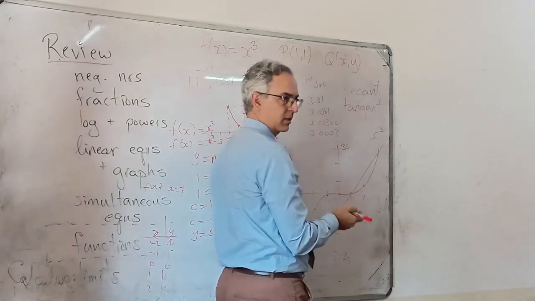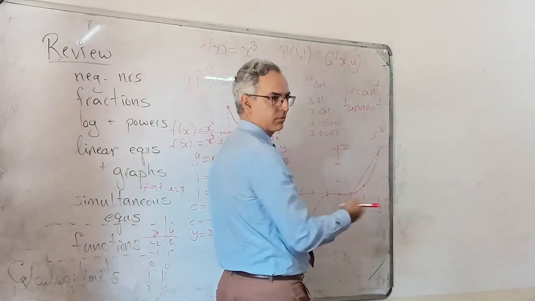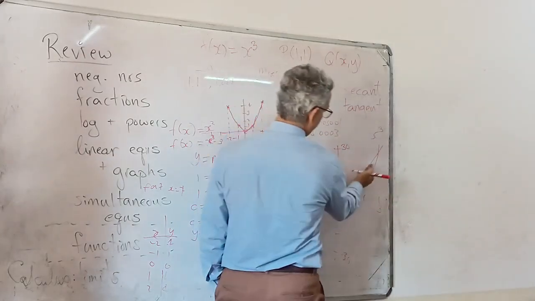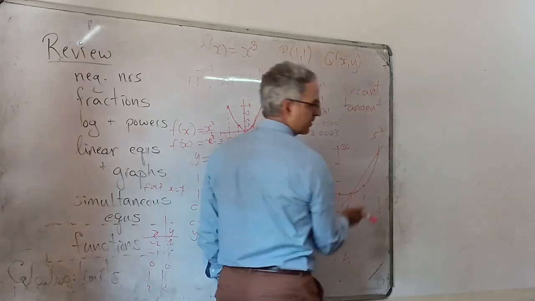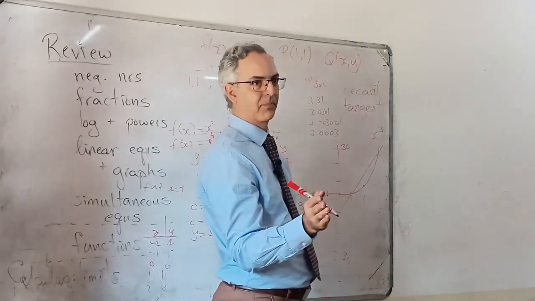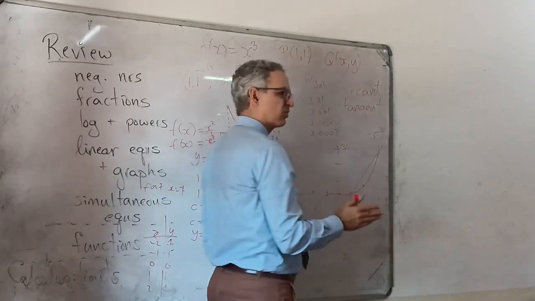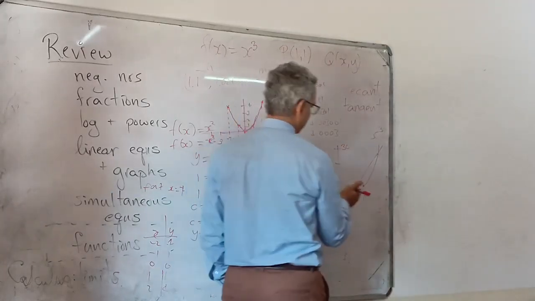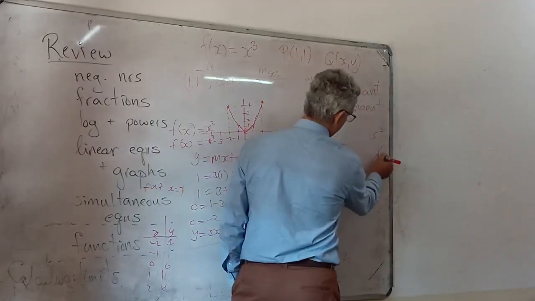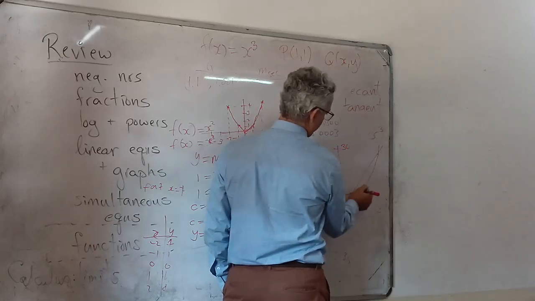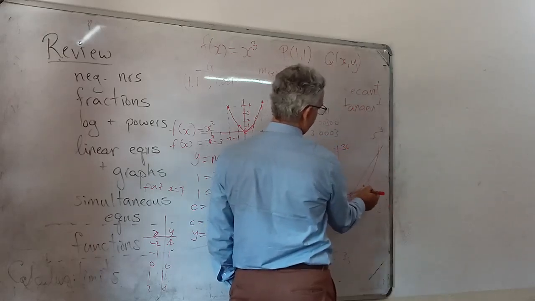And I can find the slope of that secant. Now, the slope of this line and the slope of the tangent are not the same. Okay. So, why do I do it? Well, let's see. This is a point far away from this point. Let me take a point closer. Let's take this point and draw a secant.